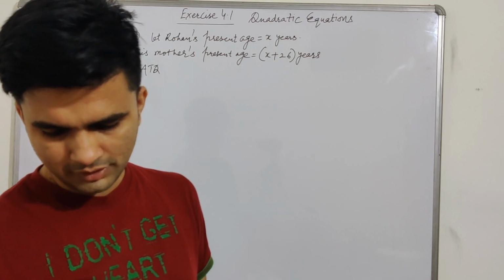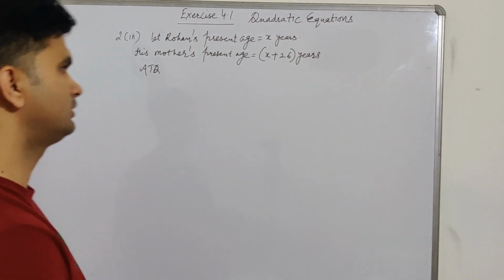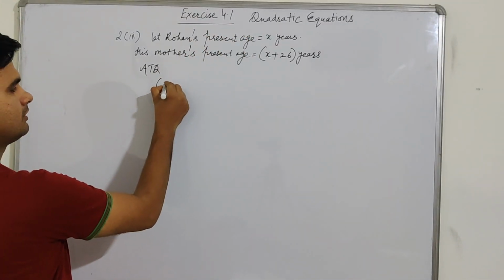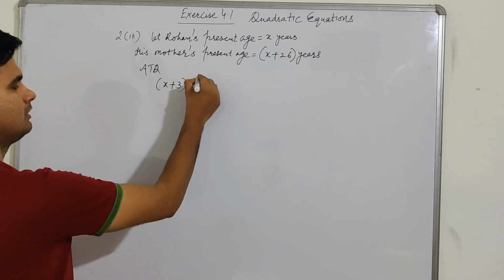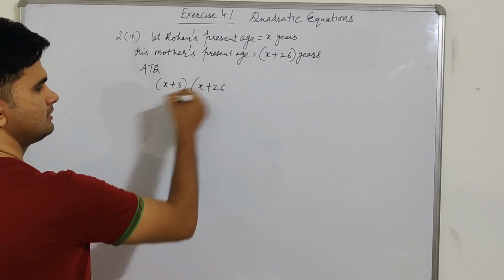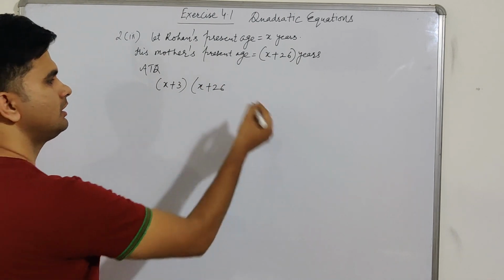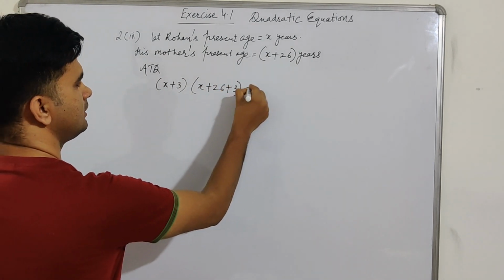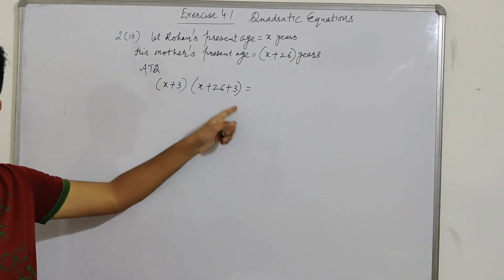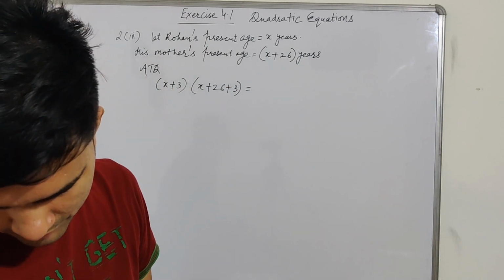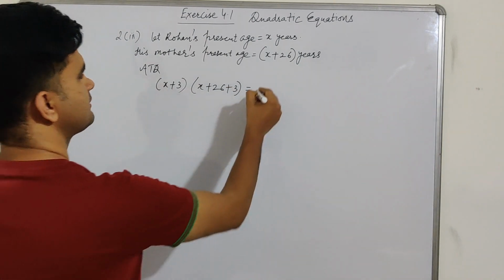The product of their ages 3 years from now. 3 years from now means x plus 3, and here the mother's present age is x plus 26. After 3 years, x plus 26 plus 3. The product of their ages after 3 years is 360.